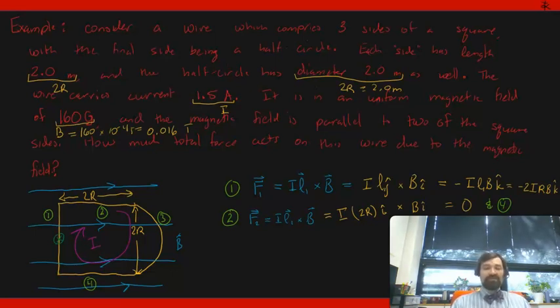So we're left with side 3. This one is not uniform, and so we have to do a dF3, and that should look like I times dL for side 3, of course, cross B.